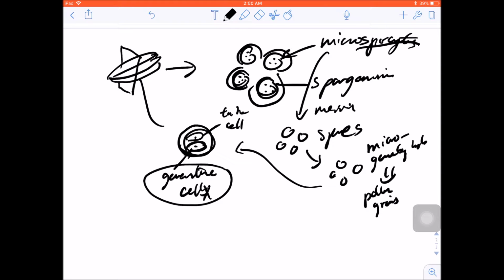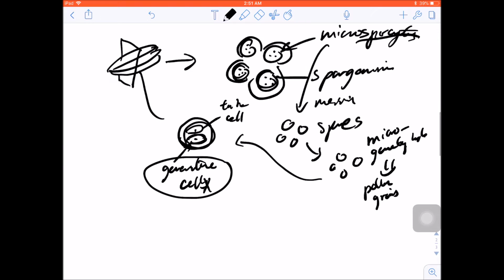The generative cell eventually turns into sperm, so this generative cell is what is making the sperm cells that will shoot through the tube made from the tube cell. And I guess you just consider that the antheridia.